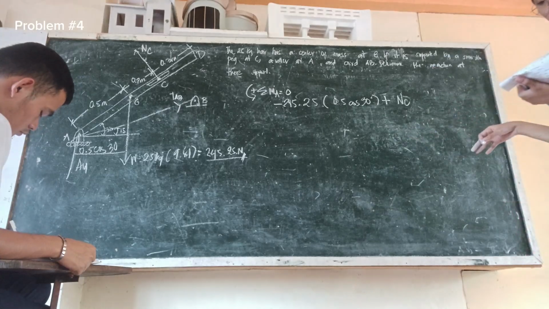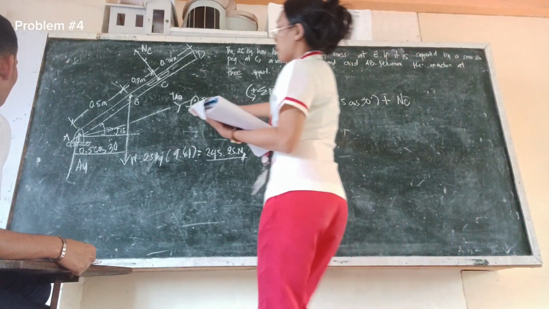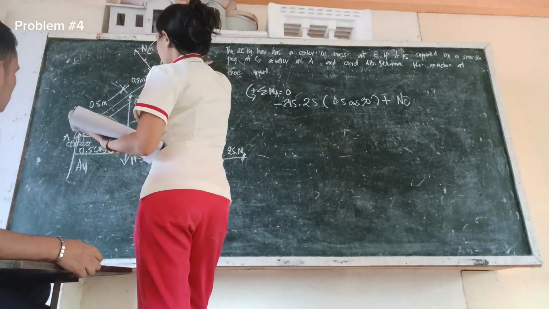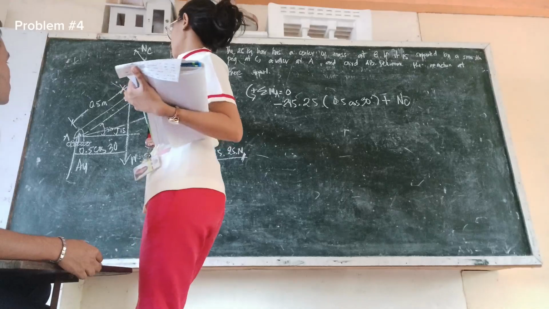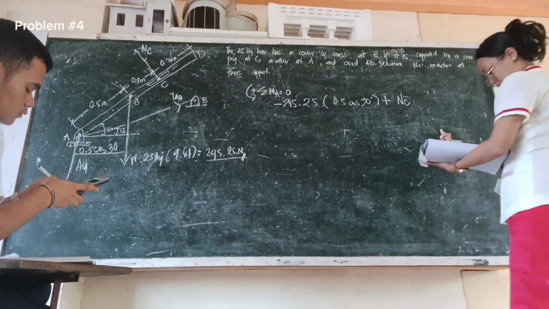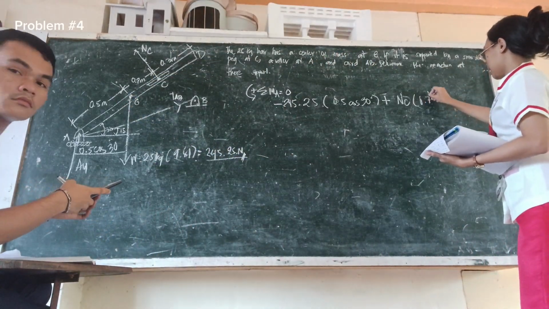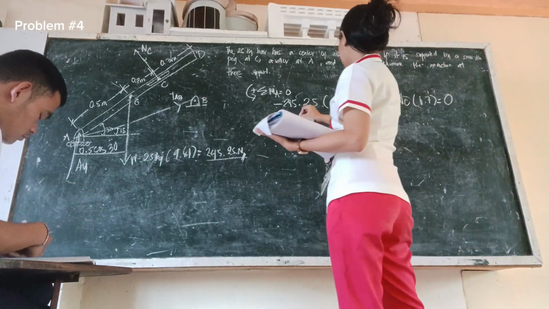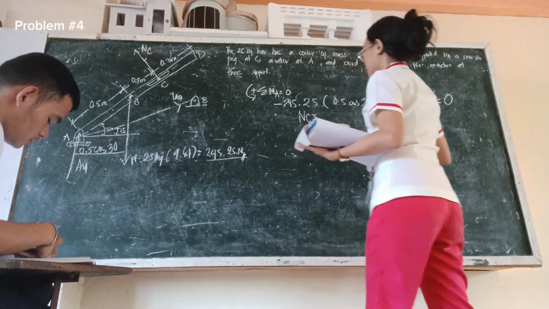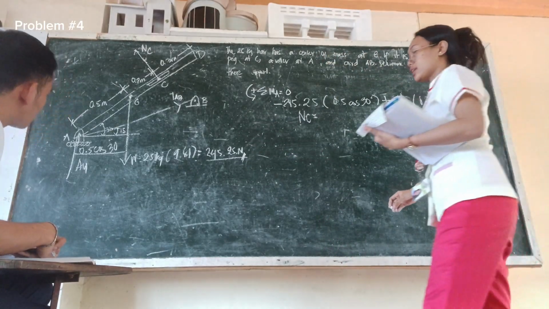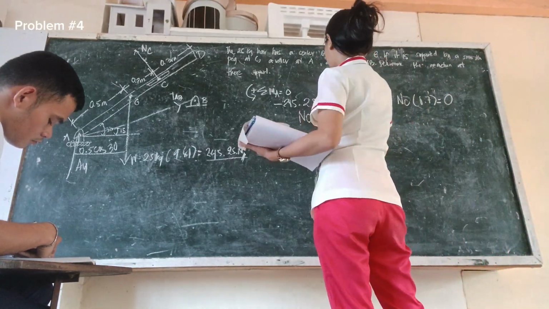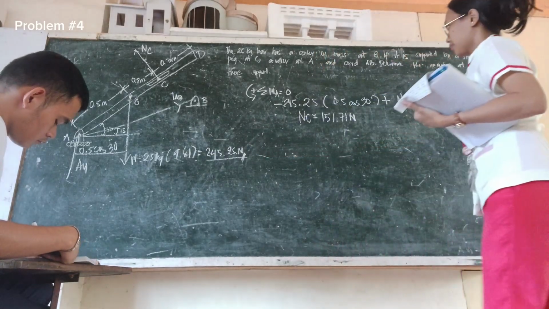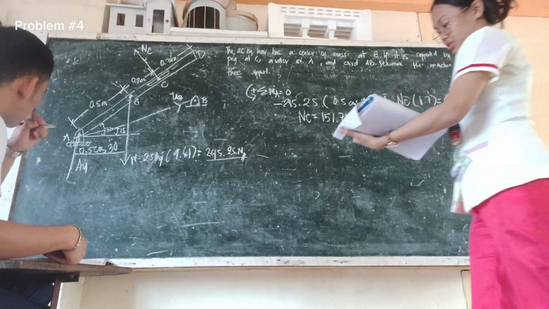The moment arm, since NC is perpendicular to the bar AB, is 0.5 plus 0.2 is 0.7, times 0.7 equal to 0. So we find NC. If we calculate it in our calculator, the answer will be 151.71 Newton.